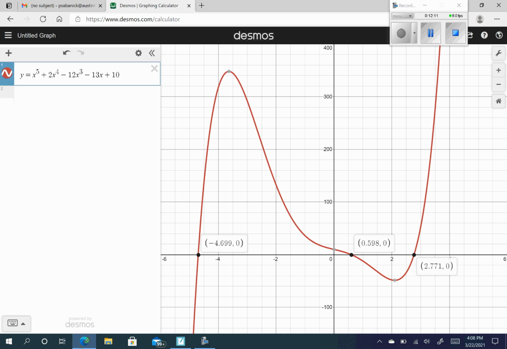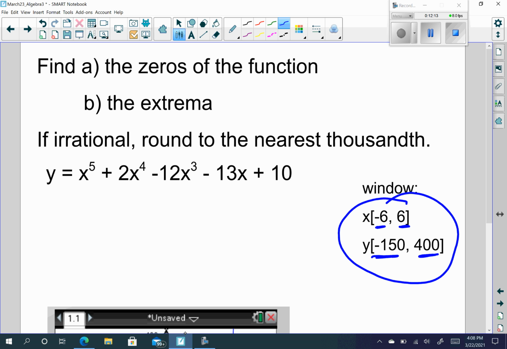We're just going to list all of the first numbers here. So we're going to say the zeros are, as we go from left to right, -4.699, 0.598, and then 2.771. Those are the zeros or the x-intercepts.